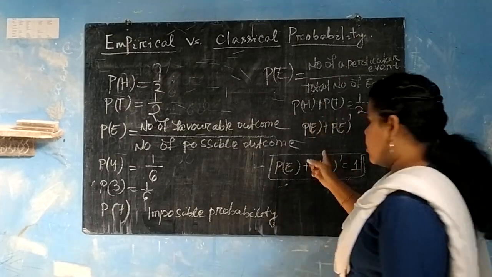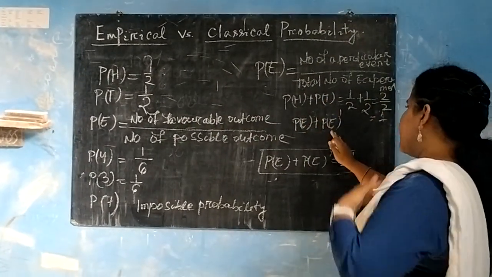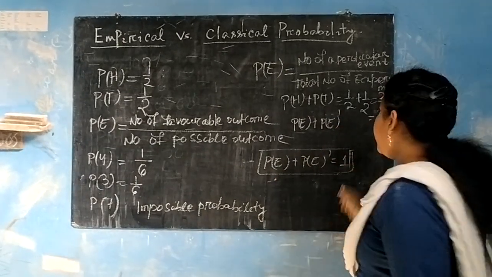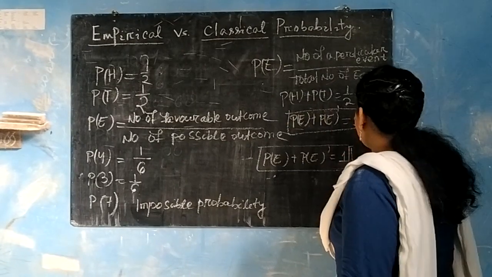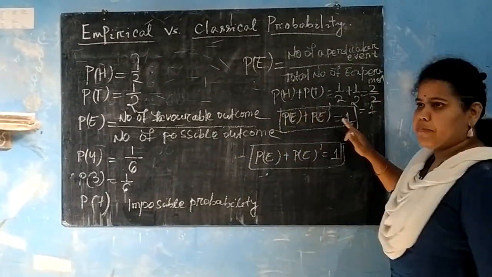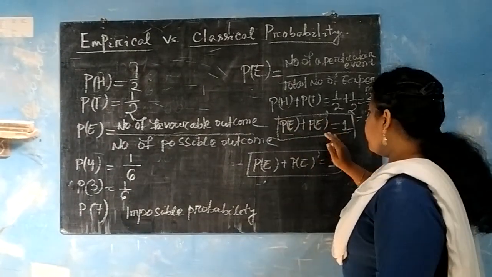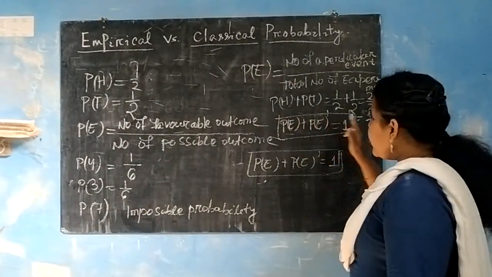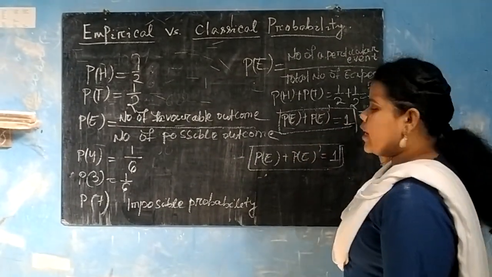P(E) is the probability of an event, and P(E dash) is the probability of not the event, which is also equal to 1. Here we also obtain that P(E) plus P(E dash) is equal to 1. So P(E) is equal to 1 minus P(E dash) and P(E dash) is equal to 1 minus P(E).